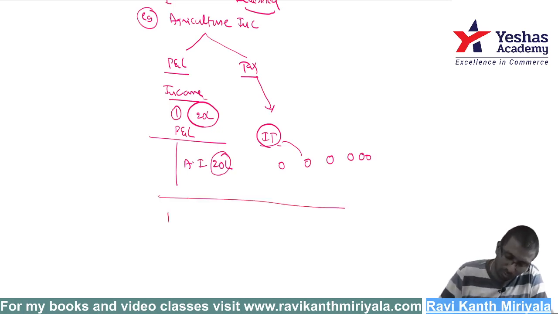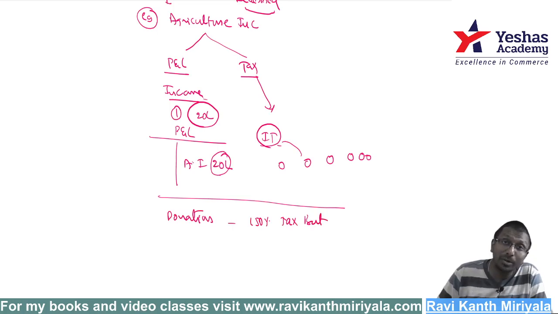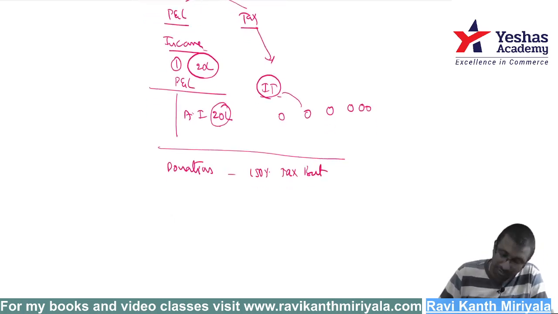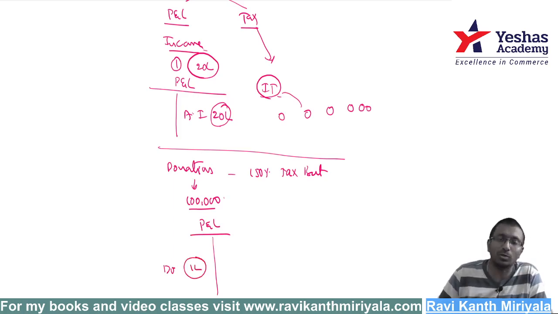One more example. Suppose we gave a donation, and assume we are getting a 150% tax benefit. I gave a donation of 1 lakh rupees. As per the profit and loss, my donation expenditure is 1 lakh. You will take 1 lakh only.